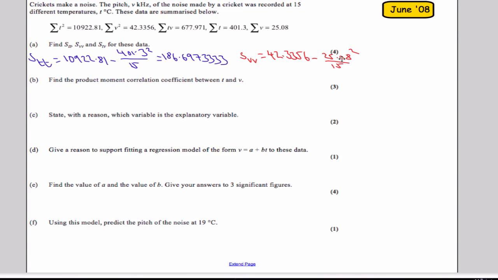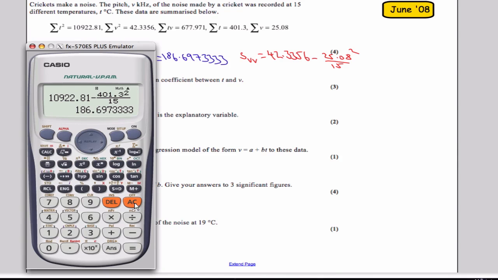Remember, the squaring is only happening to this number here, not the 15. Out with the calculator. 42.3356 minus 25.08 squared all over 15. That gives me 0.40184.